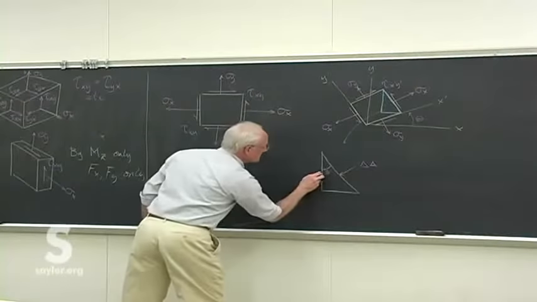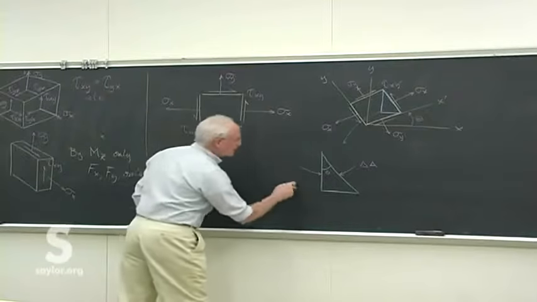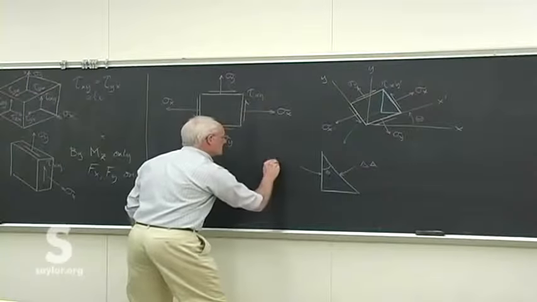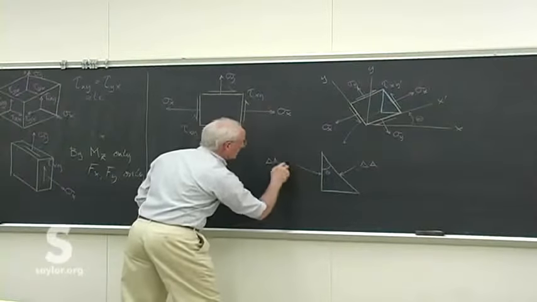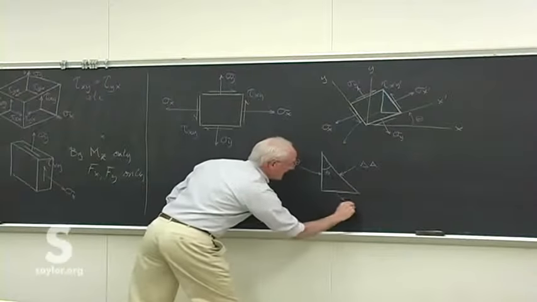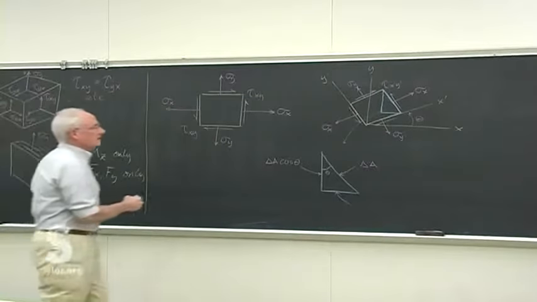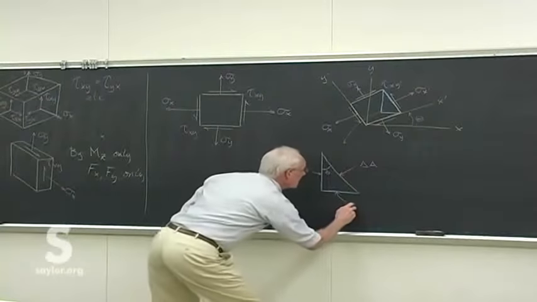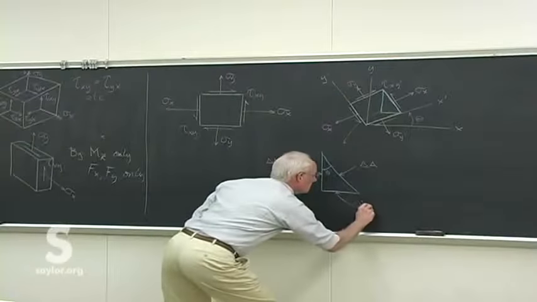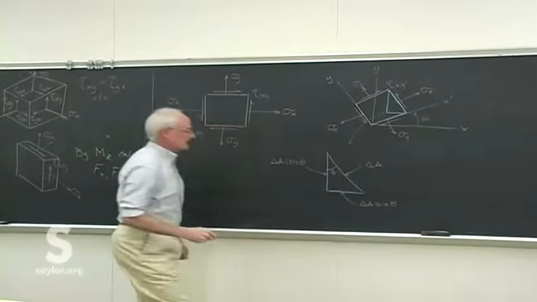Which makes this area there, the original y direction area, delta A cosine theta. So we can relate the areas to each other because turning on this angle changes our direct calculation of how much area these stresses are acting on.